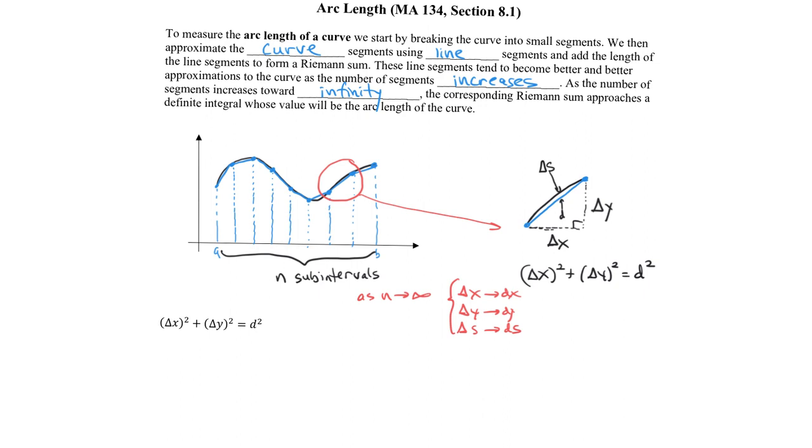Remember these different notations: typically delta x means a change in x, but dx means once a limit has been taken, so maybe an infinitesimal change, although it's not really called infinitesimals, but it's like the change in x when a limit has been taken, right? So delta x becomes dx, and the others follow suit. As n approaches infinity, these things become smaller and smaller. Delta x becomes smaller and smaller, and so forth for the other variables.